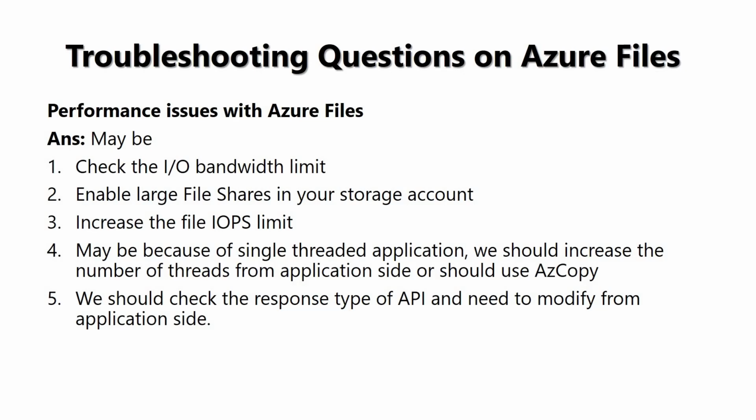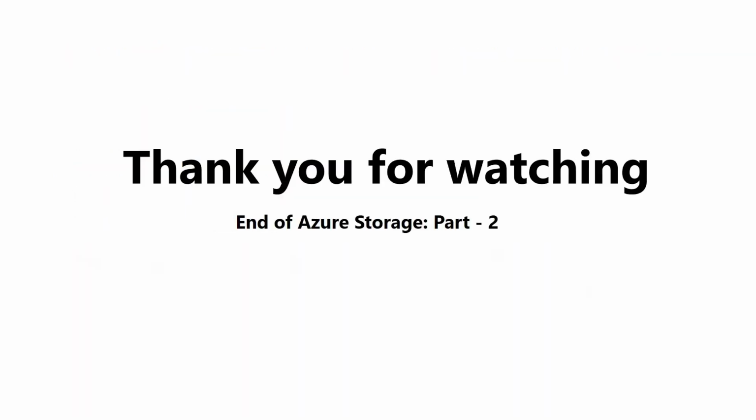Then maybe because of a single threaded application, we should increase the number of threads from the application side, or we should use AzCopy. We should also check the response type of the API, and we need to modify it from the application side. So these can be done as part of the troubleshooting process of performance issues with Azure files.